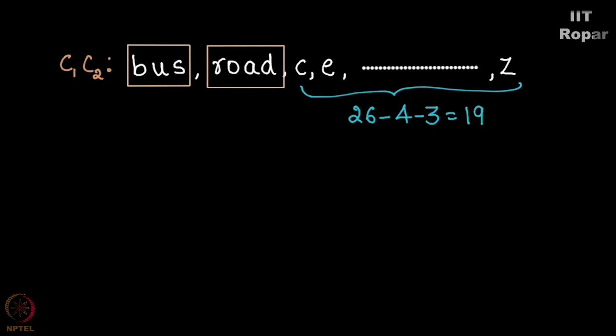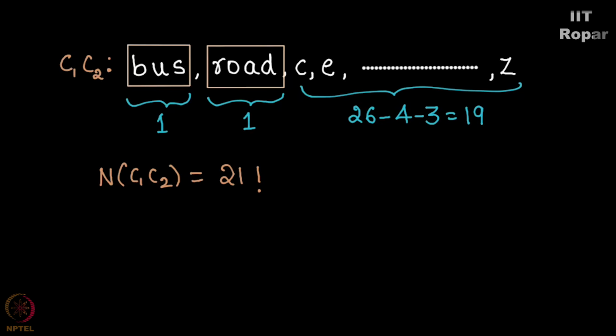It is 3 plus 4, 3 letters in bus and 4 letters in road. And hence it is 26 minus 7, which is 19. 19 plus bus as 1 unit and road as 1 unit is 21 alphabets. Right? And the permutations of these will contain bus as well as road. So it happens to be 21 factorial.